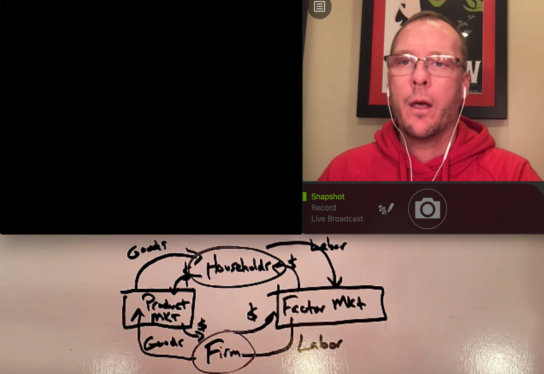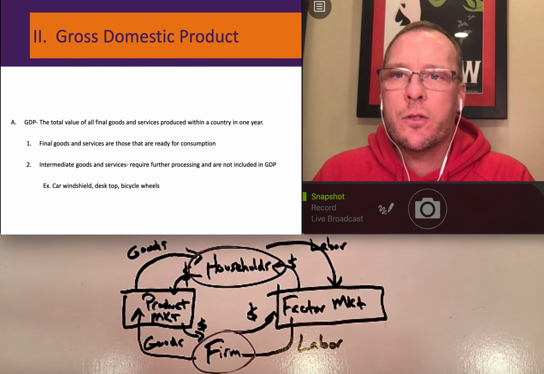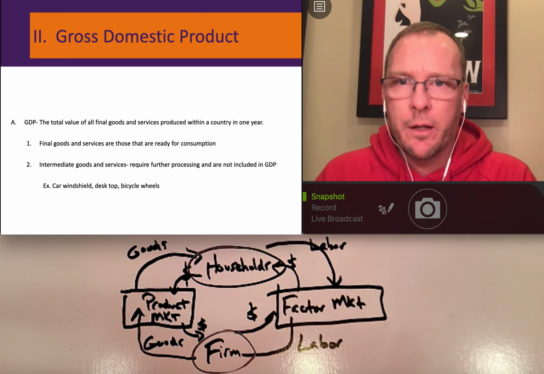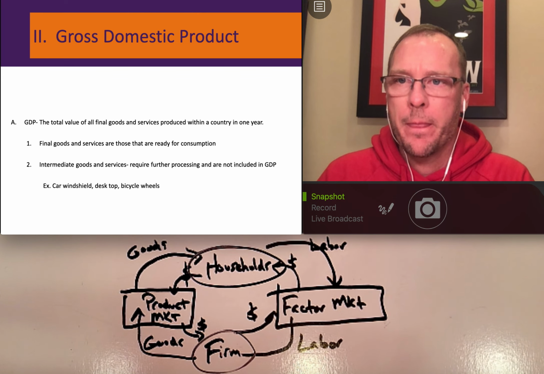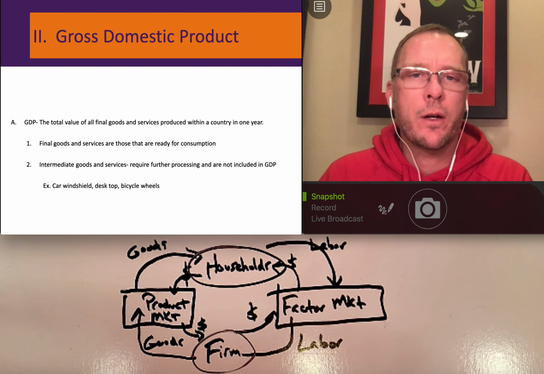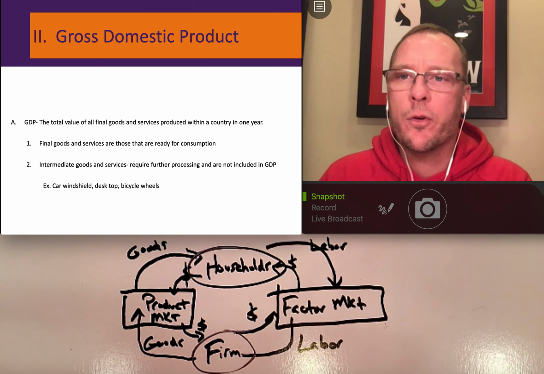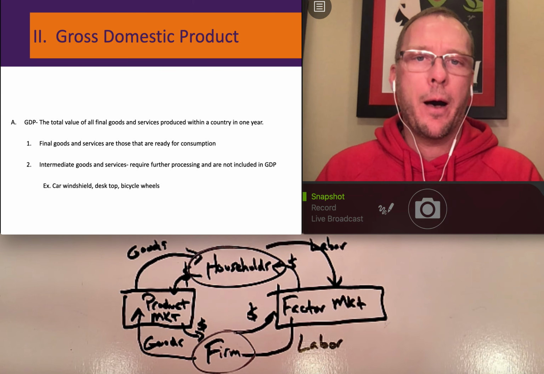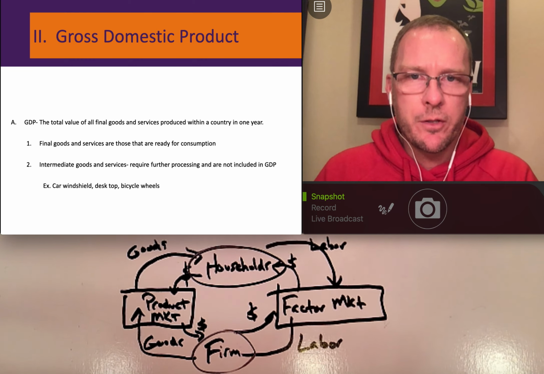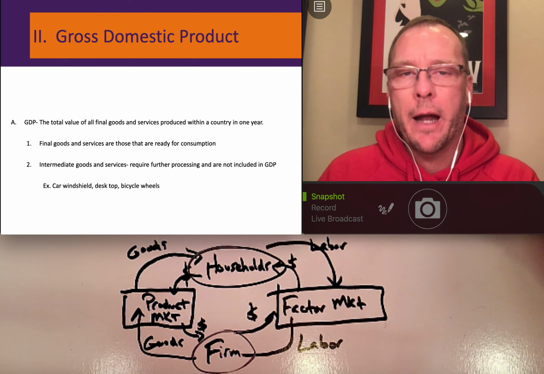All right. As you look at GDP, what is it? Well, it's the total value of all goods and services produced within a country in one given year. So these are final goods and services. Those services are ready for consumption. When you look at an intermediate good, those are not included. So for example, if a windshield is going to be part of a new car, that would be considered an intermediate good, and you don't double count it.